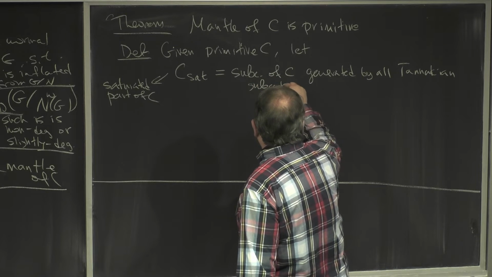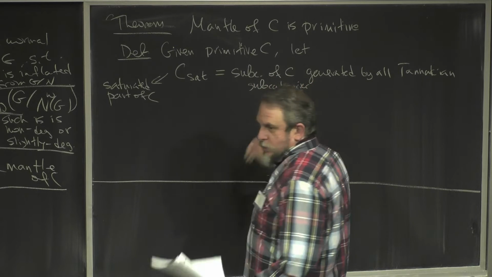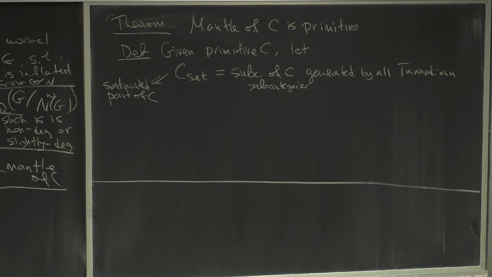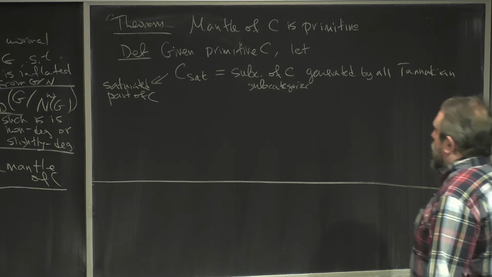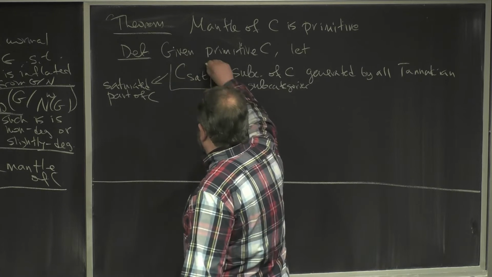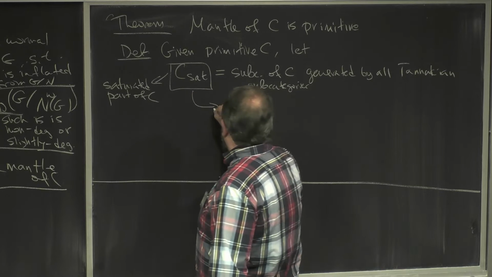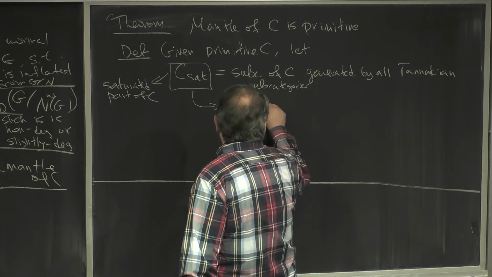Of course, it doesn't have to be Tannakian. Two Tannakian categories do not have to centralize each other, so whatever they generate is braided, but not necessarily Tannakian. Now, this saturated part is itself primitive for the same reason.